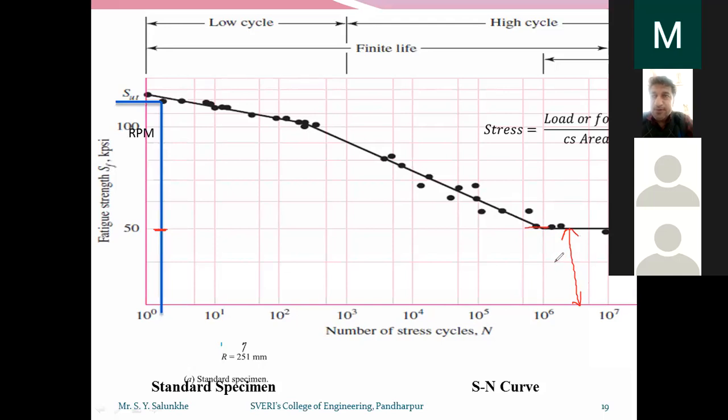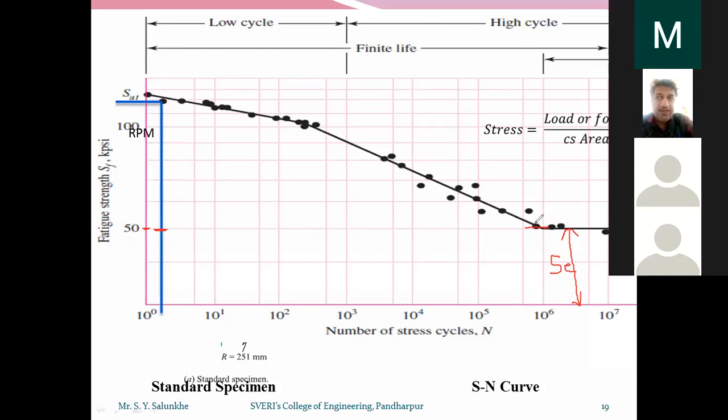What are you going to call this value? The endurance limit stress. Am I right? In this case, for the particular application, it is 50 Newton per millimeter square, for the material for which this graph has been drawn.